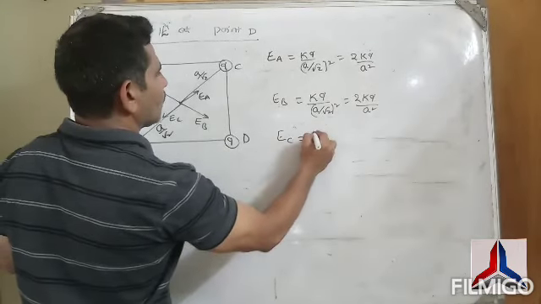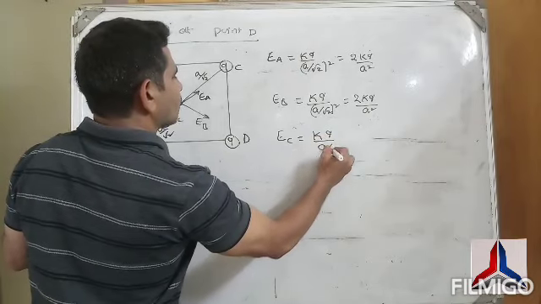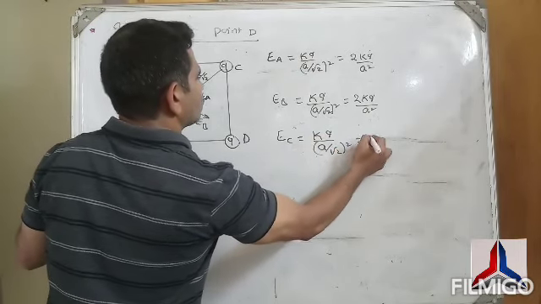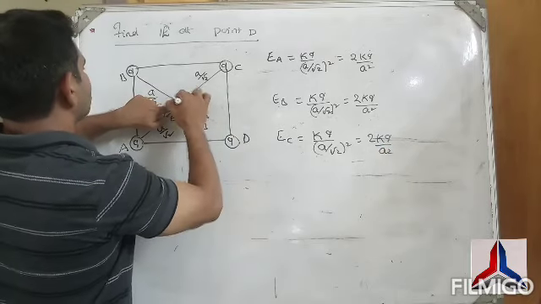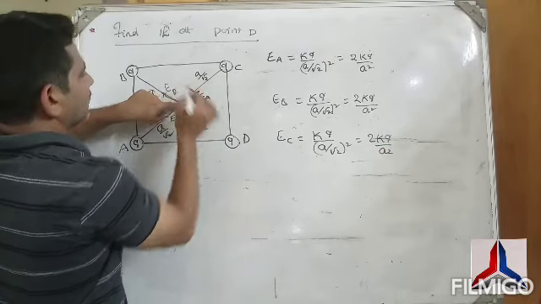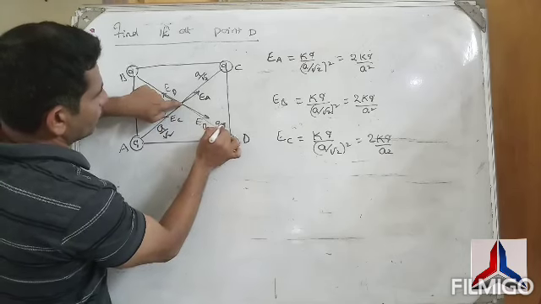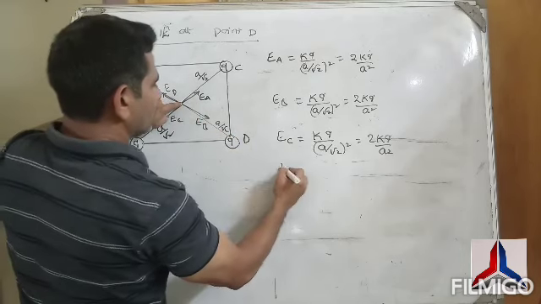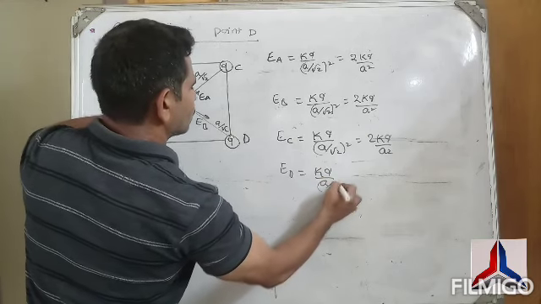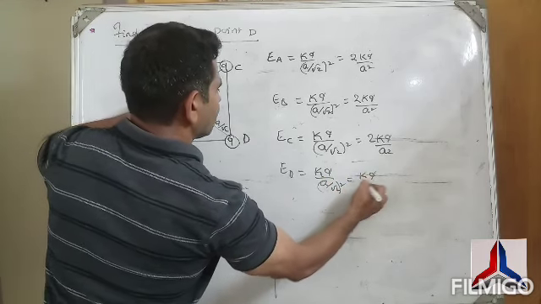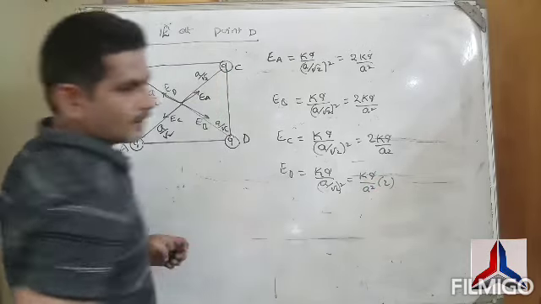EC is also KQ by (A by root 2) whole square, that is also 2KQ by A square. And this charge is at A by root 2 distance. So the electric field intensity due to D is KQ by (A by root 2) whole square, therefore KQ by A square into 2. I hope you can understand.